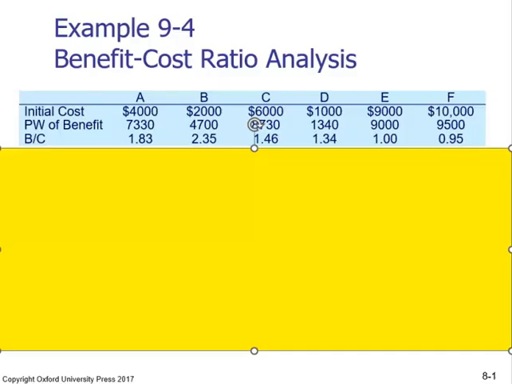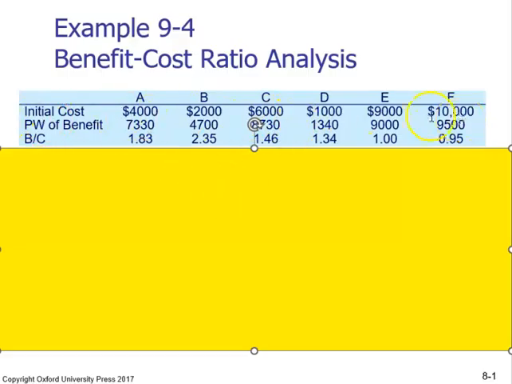But when you want to use the benefit cost ratio analysis similar to internal rate of return analysis, you should go with incremental analysis. So the first thing you are going to do is rearrange the projects you have according to their initial cost.